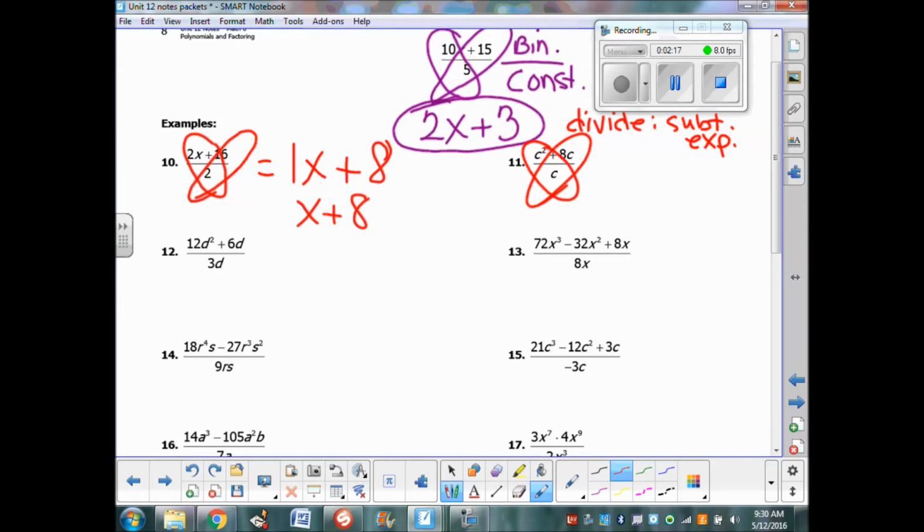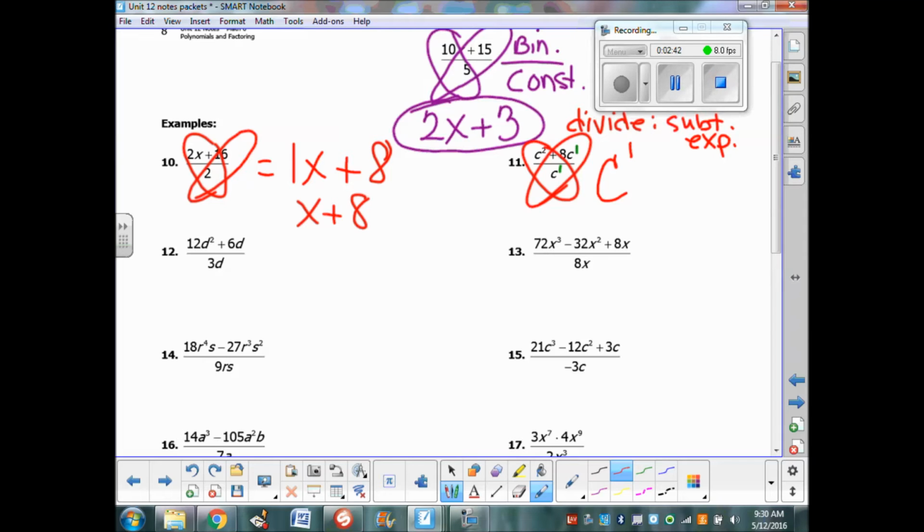So c to the second divided by c to the first. Remember that's a c to the first and that's a c to the first. So the first one, c to the second divided by c to the first, I've got to subtract exponents. So 2 minus 1 is going to be 1. That's a c to the first.